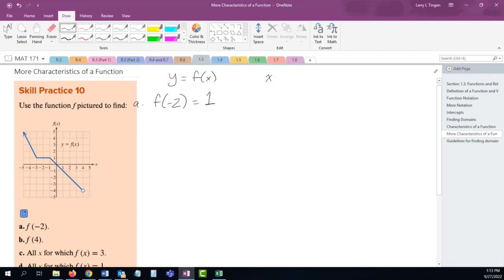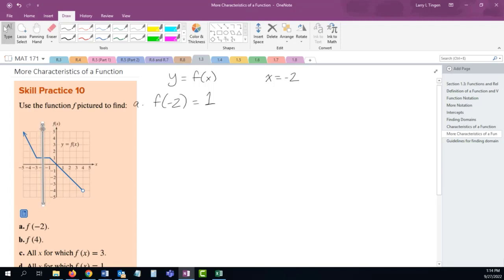What does x equals -2 look like on a graph? Does anybody know? What does x equals -2 look like? All right. I'm going to show you this, and then if it doesn't work for you, don't worry about it. But I've just kind of been throwing this around. So it turns out x equals -2 is actually a vertical line. Yeah, exactly. It's a vertical line when x is -2.